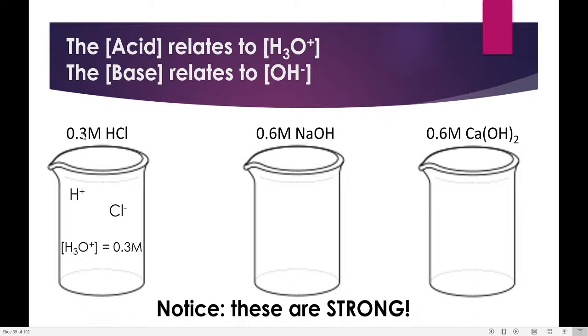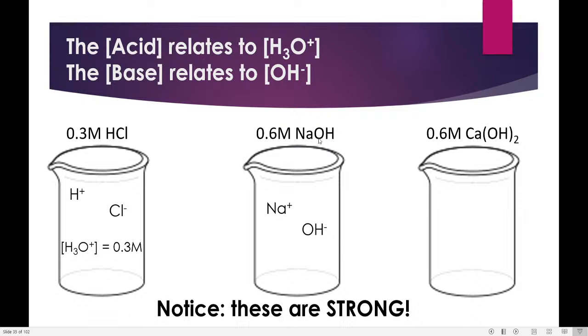What I'm trying to tell you is the concentration of the acid is equal to the concentration of hydronium if it's a strong acid, because it's going to completely break apart. So all those H's in that acid are going to directly convert into hydronium. What about if it's a base? Well, if it's a strong base, it's still going to break apart. If it breaks apart, isn't it just going to make a hydroxide for every one of these that's in there? For every one NaOH that goes into my beaker, I'm going to make one hydroxide.